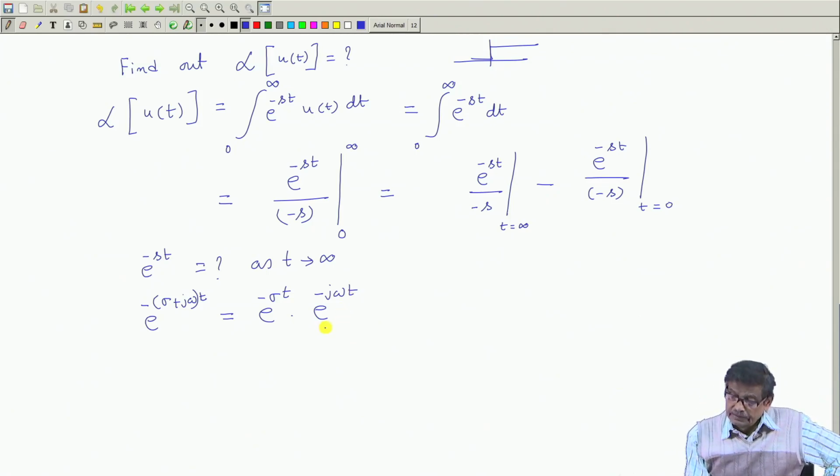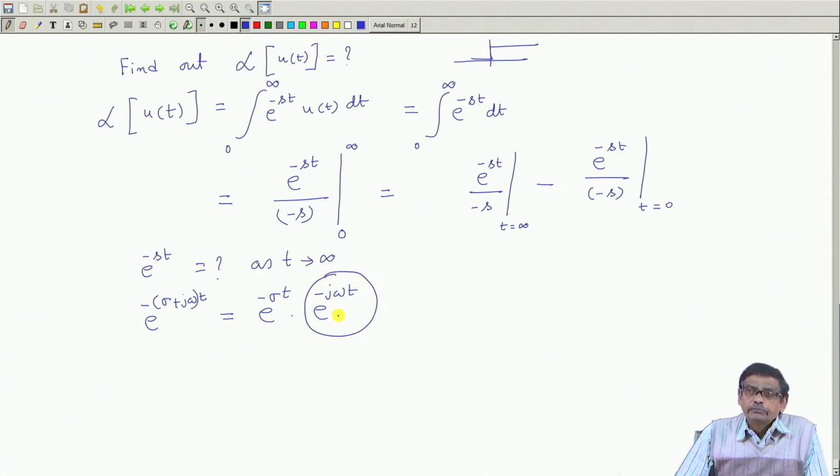Now, this quantity as t tends to infinity, I am sure about one thing. What is that? This quantity is some cosine omega t minus j sin omega t. Therefore, whatever will be its value, like sin omega, cosine omega has got finite peak values, between that two only it oscillates.